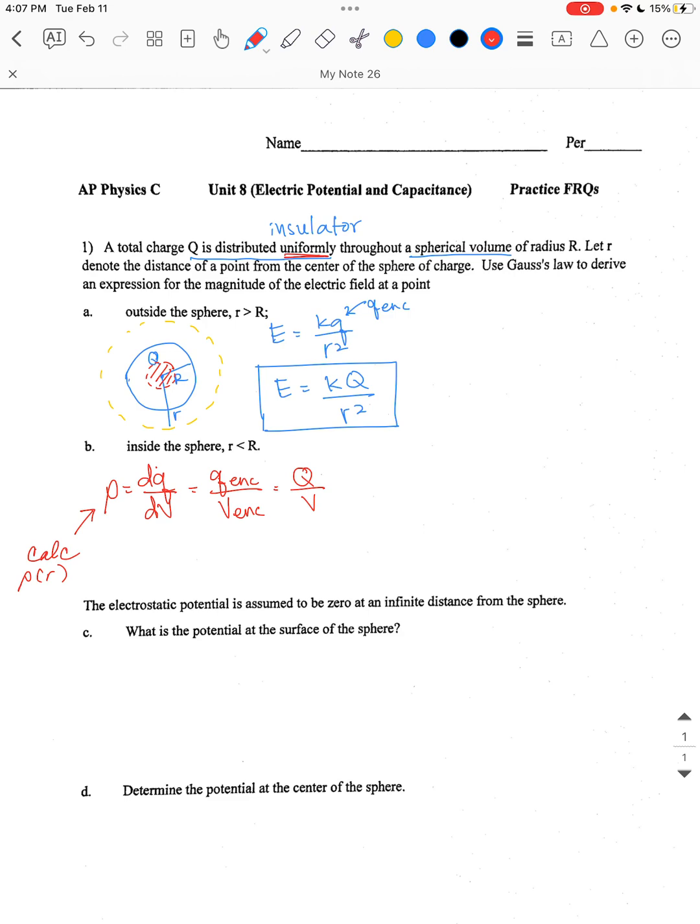Now, we are going to use Gauss's law, so I should always start with my fundamental principle, but I'm going to solve for Q enclosed first.